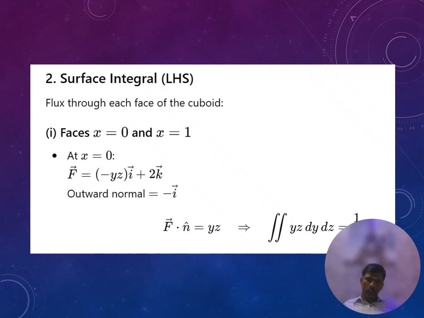The integral from 0 to 1, 0 to 1, of yz dy dz. Integrating with respect to y gives y square by 2, the value is 1 by 2. Again integrating with z square by 2, the value is 1 by 2. Finally, we get 1 by 2 into 1 by 2, which is 1 by 4.